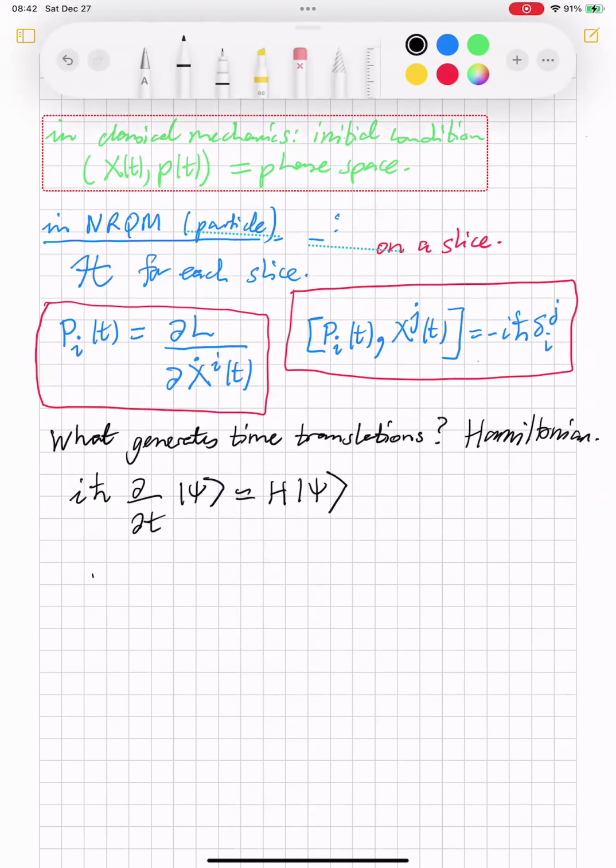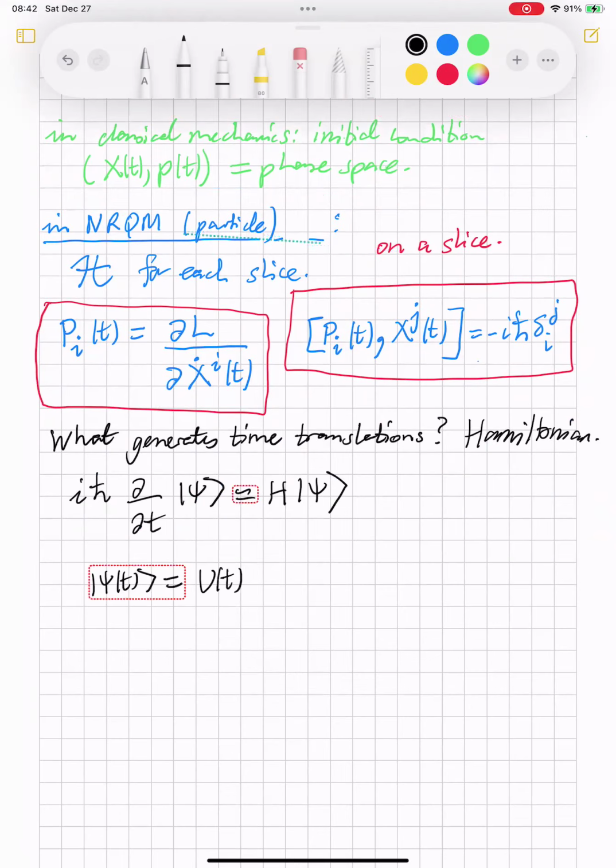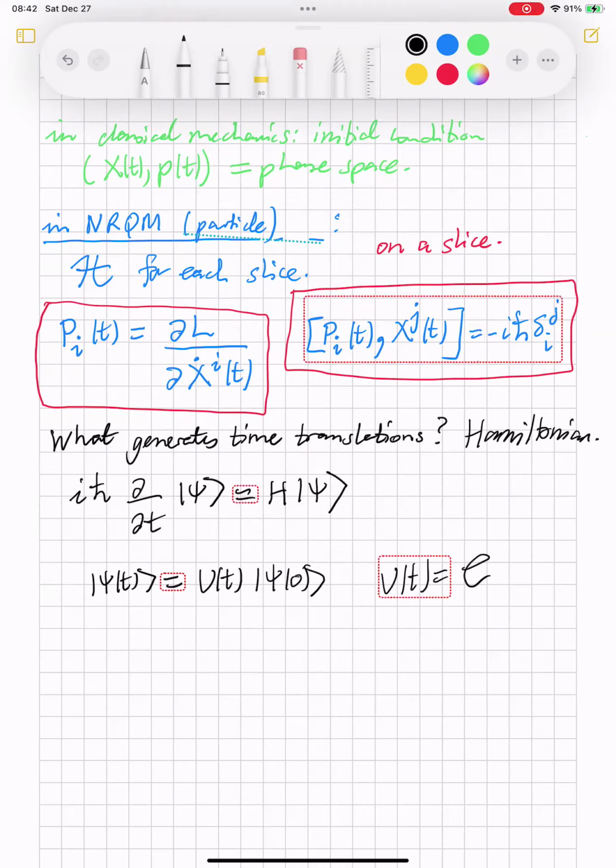Well, psi at time t is equal to U(t) times psi at time zero. And U(t) is equal to e to the minus i over ħ Ht.